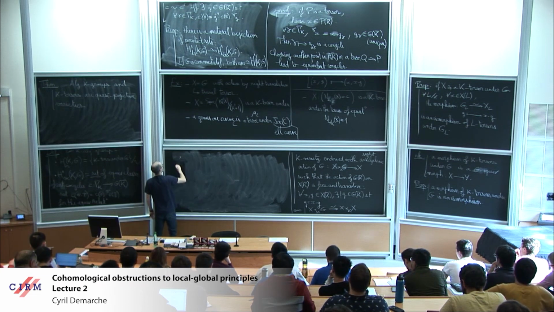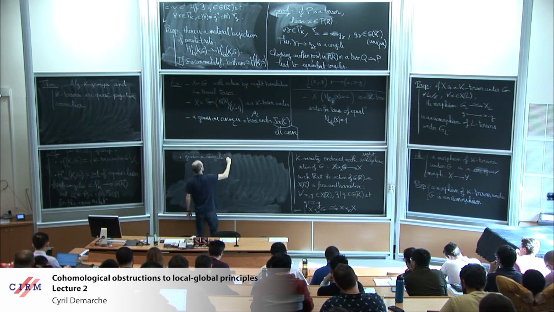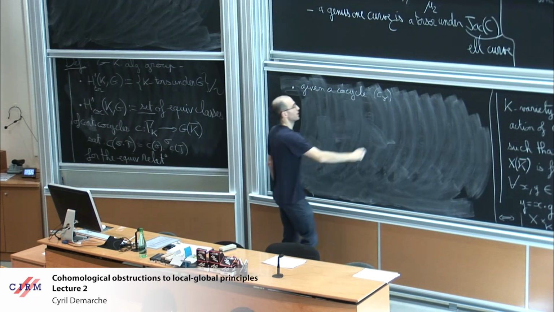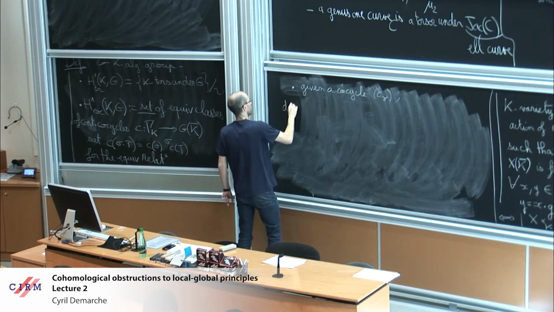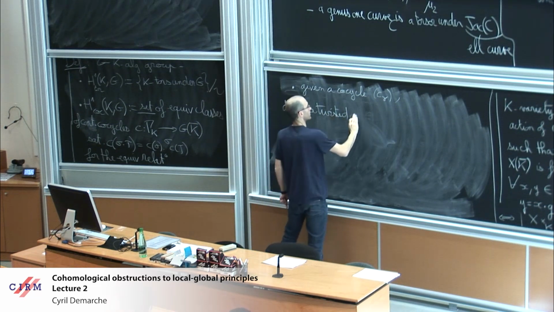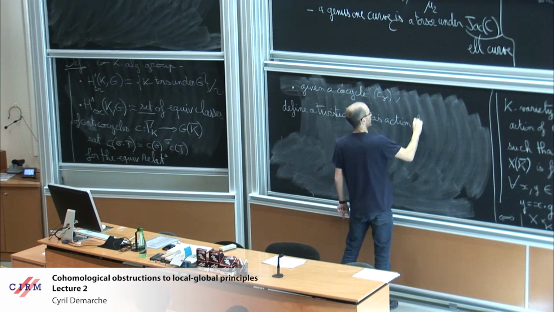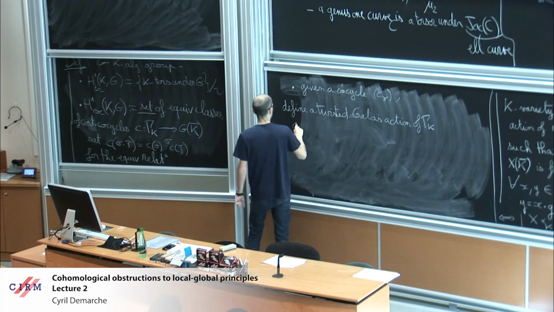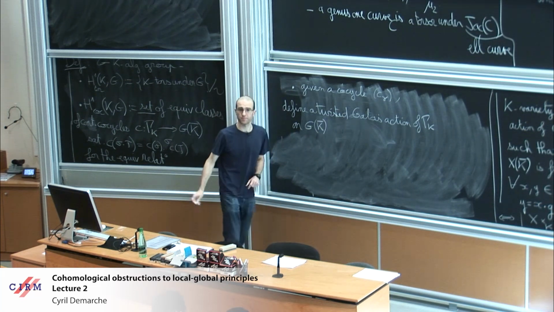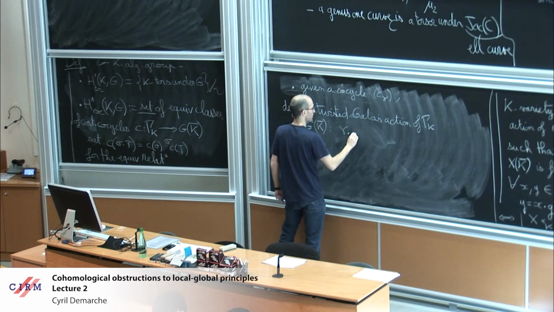So in the other direction, given a cocycle, say C gamma, define a twisted Galois action of the Galois group on the set G K bar.